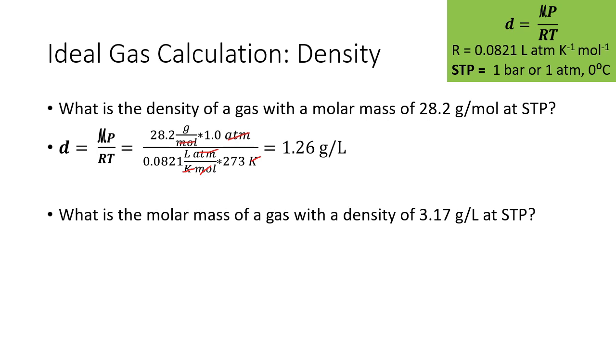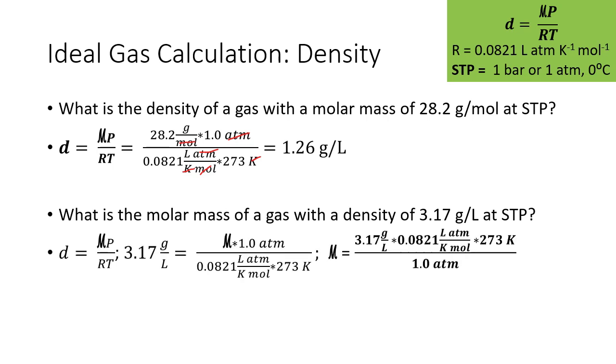What is the molar mass of a gas with a density of 3.17 grams per liter at STP? So again, we can plug our values into the modified density equation directly. Okay, so this time we have a density, so we have 3.17 grams per liter on the left, and we're solving for molar mass, that's script M, on the right. Again, everything is going to cancel out except for grams per mole.